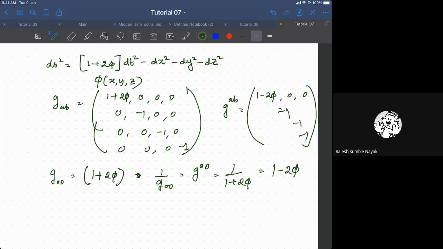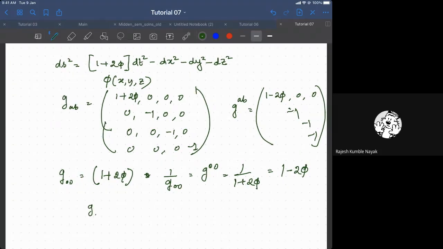Let's also do a simple mathematics. G00 into 1 by G00 should be 1 plus 2 phi times 1 minus 2 phi, and then some order of phi square, which we are ignoring. So these two cancel, and this is equal to 1.